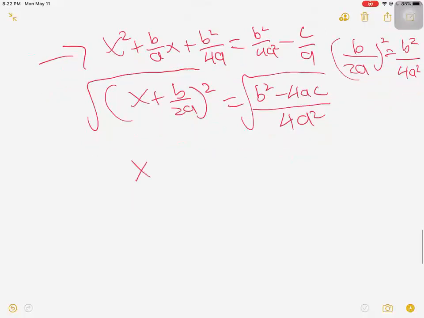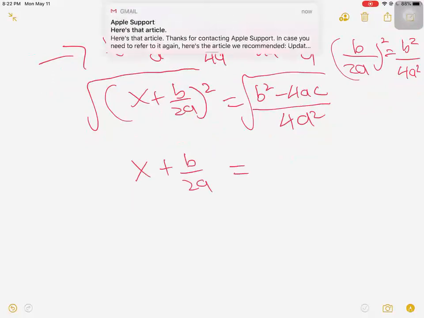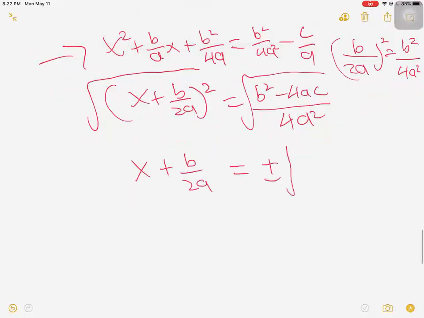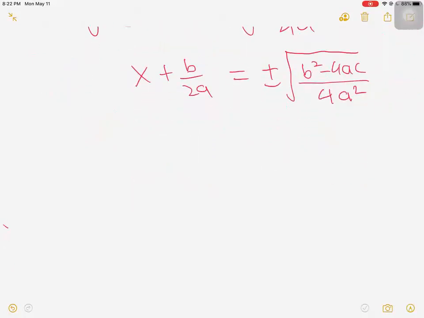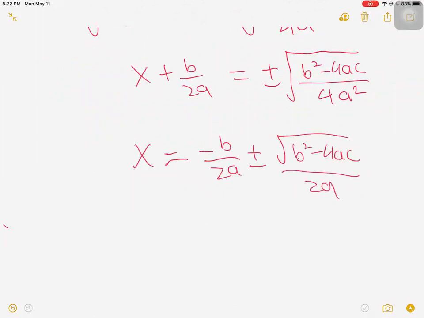So we get x plus b over 2a is equal to, remember, plus or minus the square root of b squared minus 4ac over 4a squared. And then finally, we just subtract over to get x is equal to negative b over 2a plus or minus the square root of b squared minus 4ac over 2a. So that's our original formula.